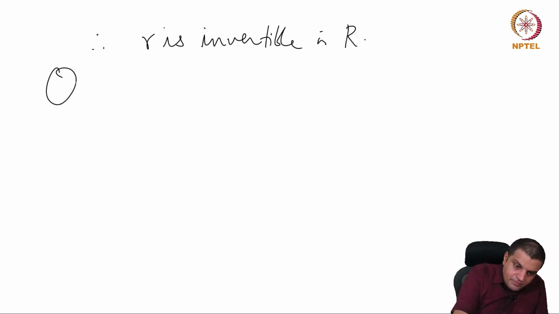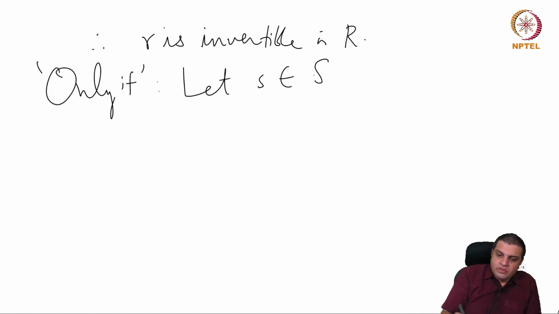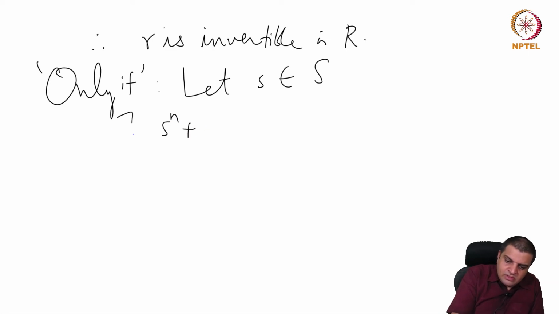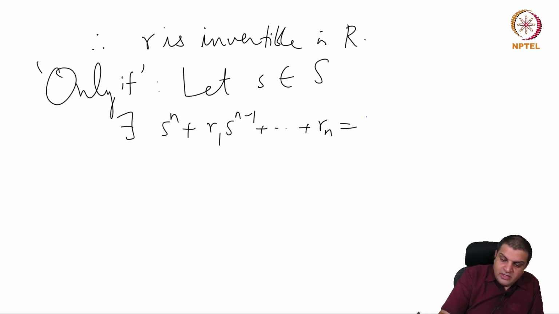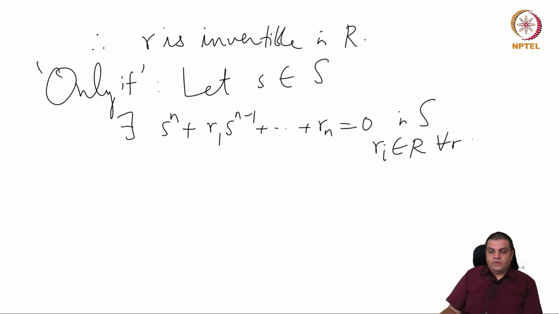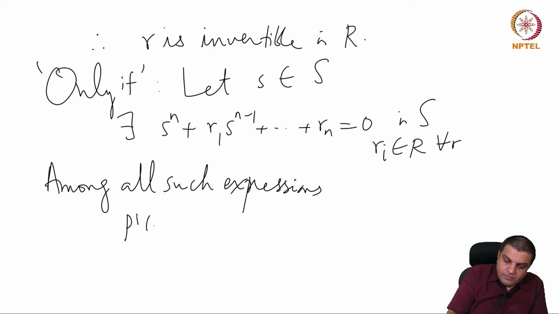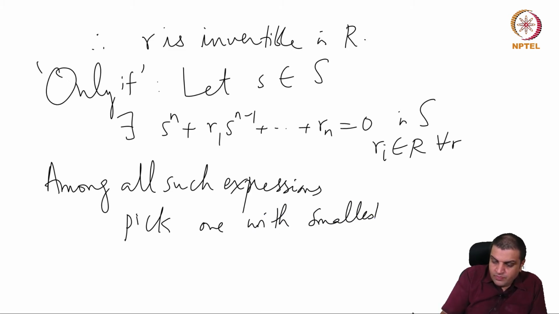Now the only if direction. Let s be inside S. Again, there exists an equation s to the n plus r_1 s to the n minus 1 up to r_n equals 0 in S, with r_i inside R. Now, among all such expressions, pick one with smallest n.